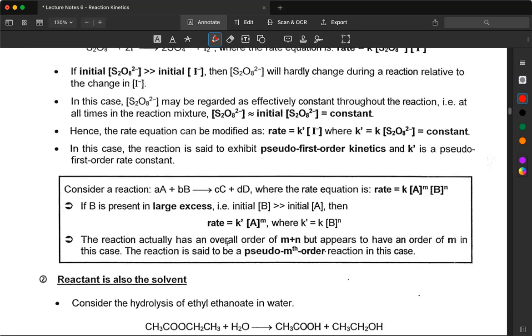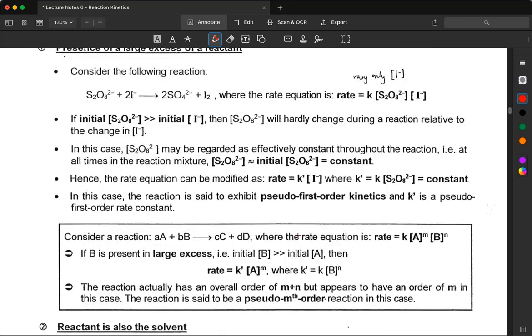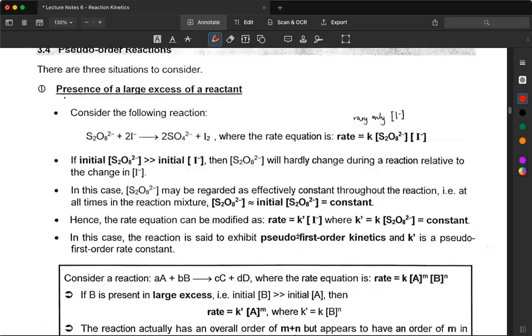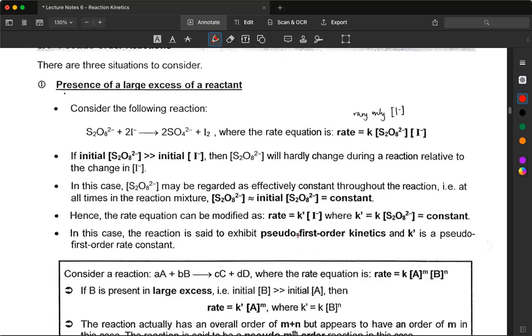So this reaction actually has an overall order of m plus n, but appears to have order m because the concentration of B is very high, in excess. So we call this pseudo. Pseudo means it's not first order, but because of this condition, it is like first order.